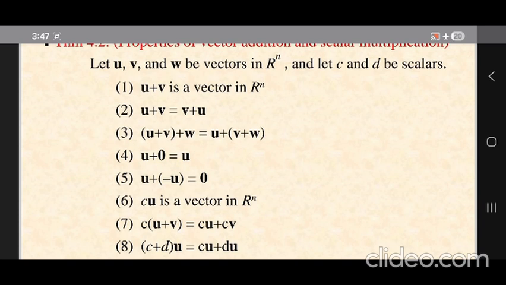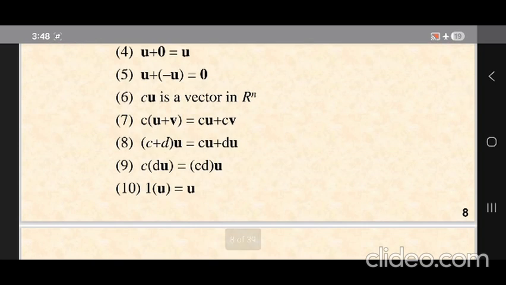The fifth property is u plus minus u equals 0. The sixth property is that cu is a vector belonging to R power n. The seventh is c times u plus v equals cu plus cv. The eighth property, c plus d times u equals cu plus du. The ninth property, c times du equals cd times u, and the tenth property is 1 times u equals u.